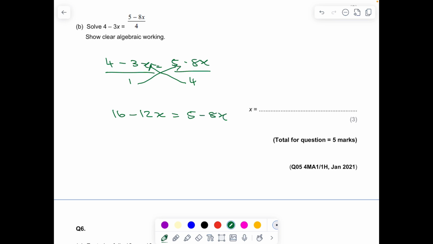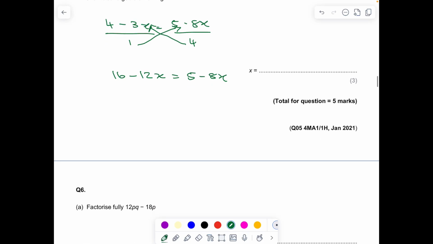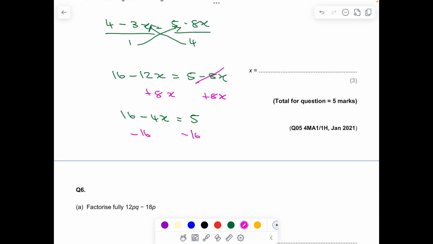And now we can solve it. So I am going to add 8x to both sides to get rid of the minus 8x. That's going to give me 16 minus 4x equals 5. Then I'm going to subtract 16 from both sides to get rid of the 16 here.